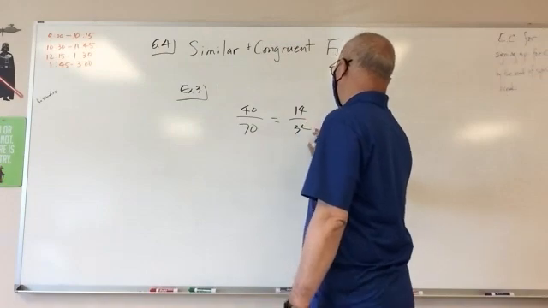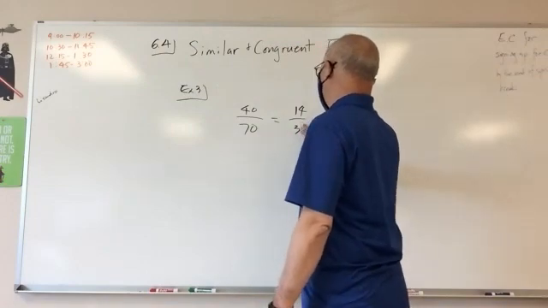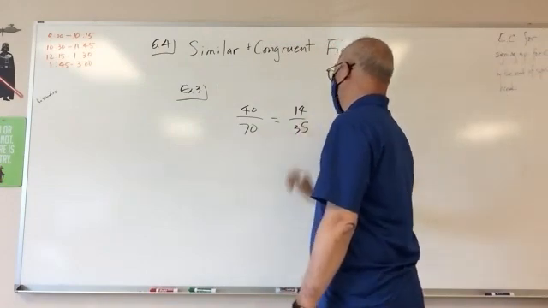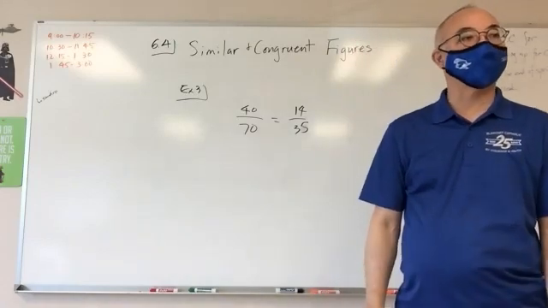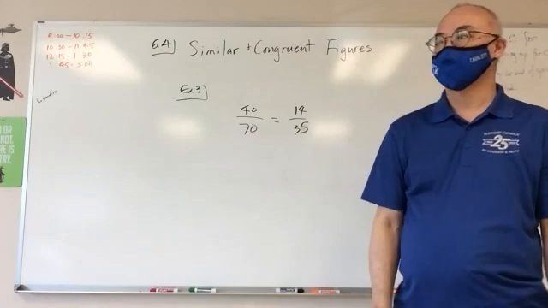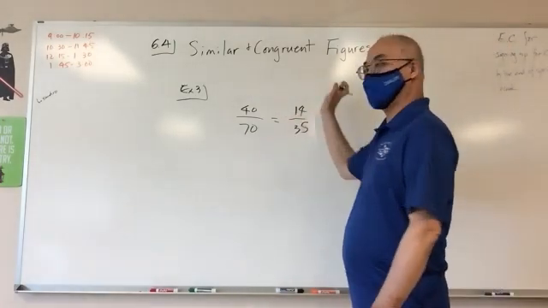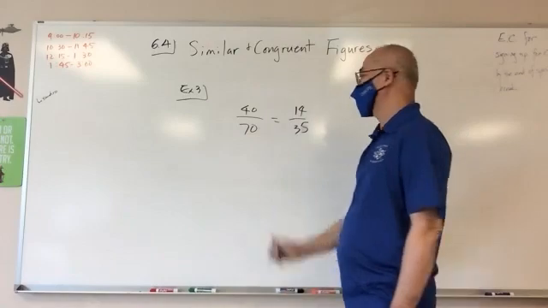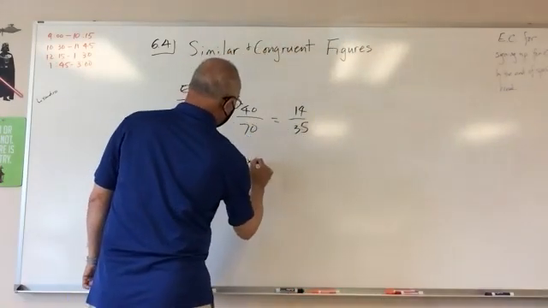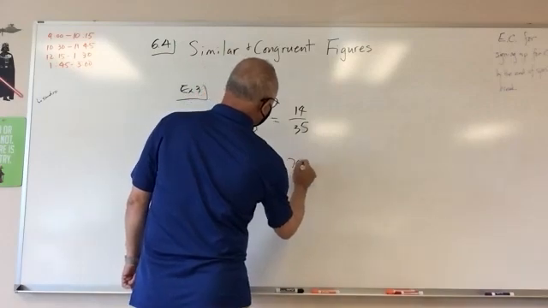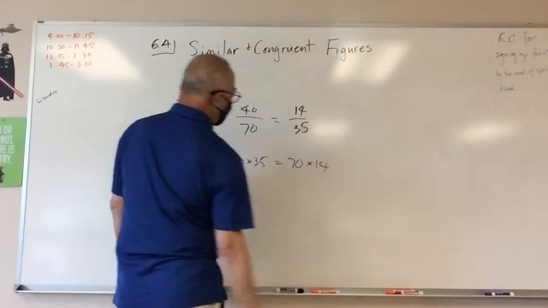So example number 3, then 40 to 70 would have to be equal to 14 over 35, right? And this is kind of like what you did in the test. You had to see if they were the same proportions, correct? And you did what? You cross-multiplied to see if they were the same. So is 40 times 35 the same as 70 times 14?